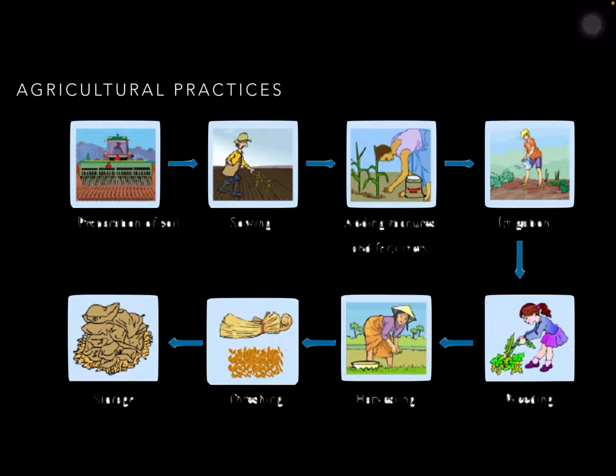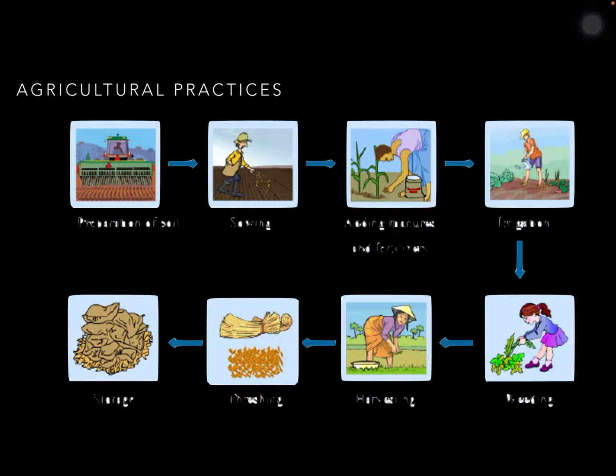That's generally called weeding, and those waste plants which grow in the field are called weeds. Then we harvest, then we thresh them, and then pack them. That's storage. These are the agricultural processes we follow.